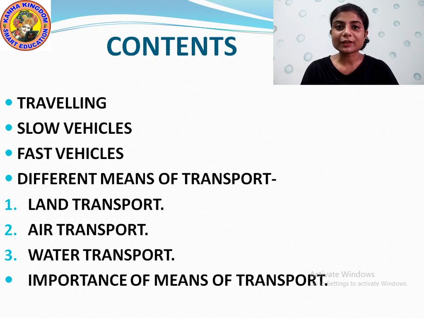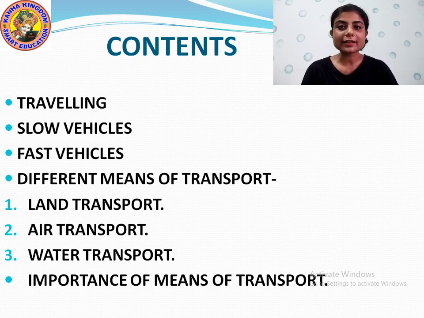Then what are the different means of transportation, like land transport, air transport, water transport, and we will study about the importance of means of transport. Means of transport means the different vehicles that we use to travel from one place to another.